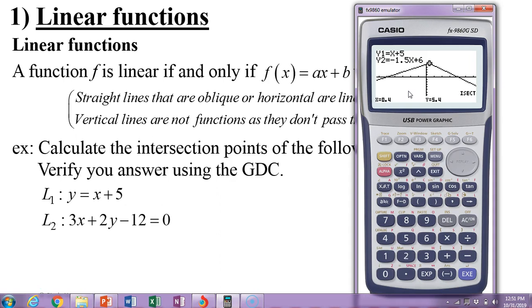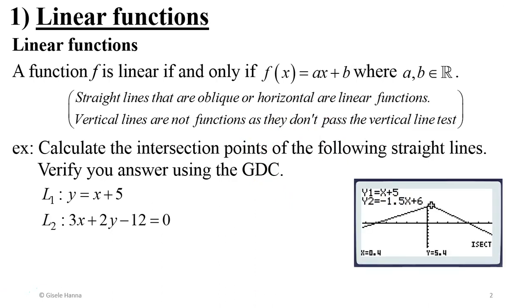Now in order to justify your answer using the GDC graphs on paper, it's not enough to just say GDC graphs. You'd have to sketch both lines by highlighting the point of intersection. Over here I'm not going to draw it by hand, I'm just going to copy the GDC screen. Going back to the presentation, usually on your paper you draw the coordinate system, you draw the two lines pointing out which one is which line, and you write down the coordinates of the point of intersection.